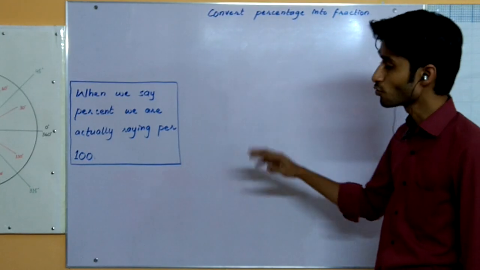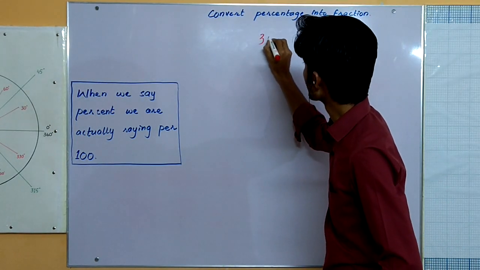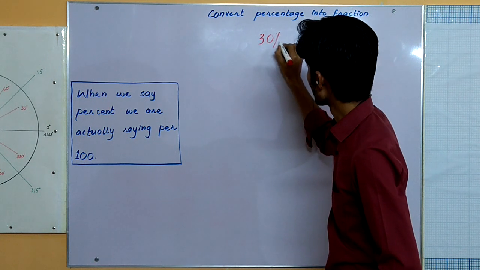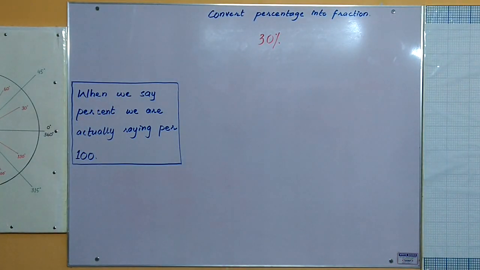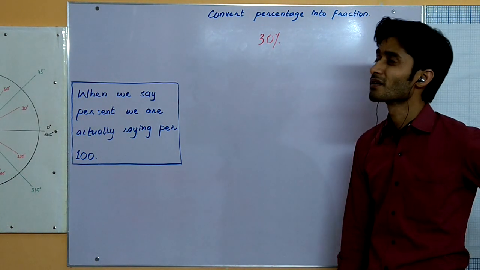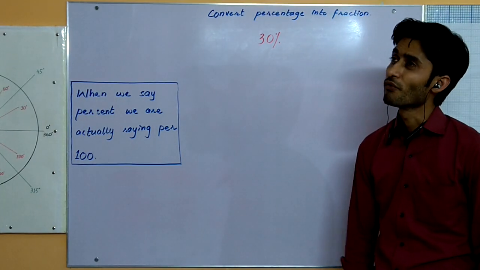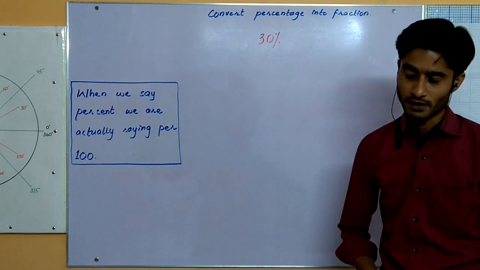For instance, I ask you to convert 30% into a fraction. One thing that students have always found difficult to remember is this: when do we need to multiply with 100 and when do we need to divide with 100?